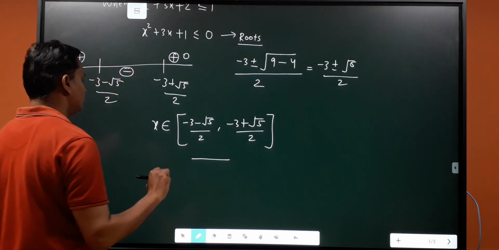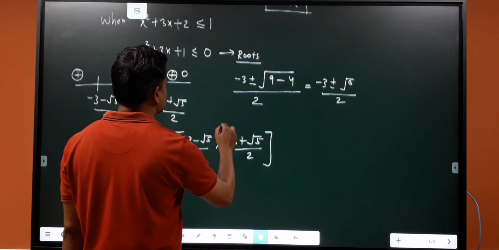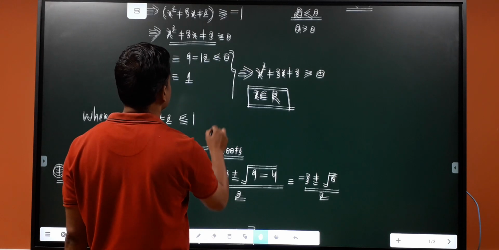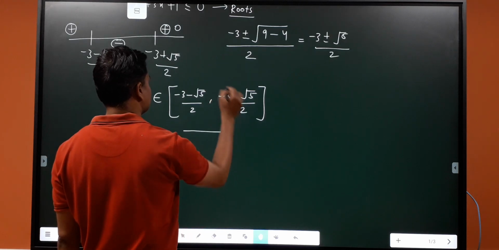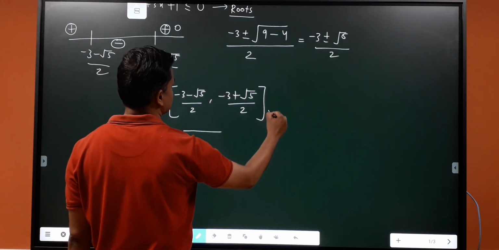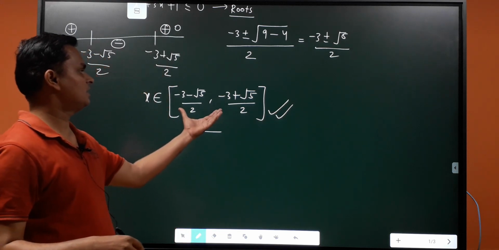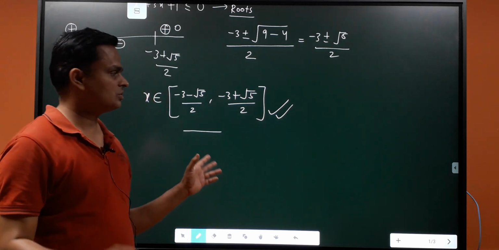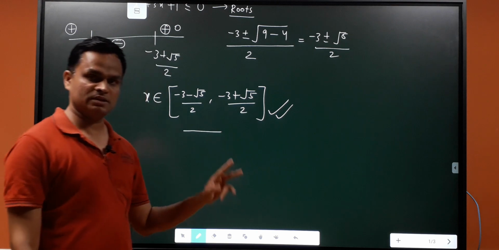So we are having two intervals, one is this and one is x belongs to R. If we take the intersection of both of these, then this will be the answer, because you are going to take a smaller set and intersect it with the whole real numbers. So obviously this will be the output, and therefore this is the answer. Thank you.